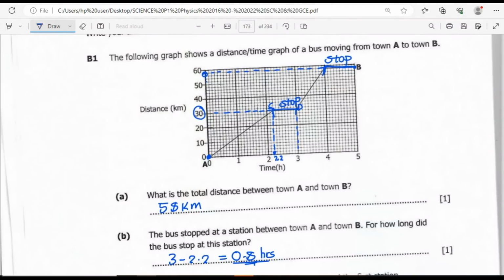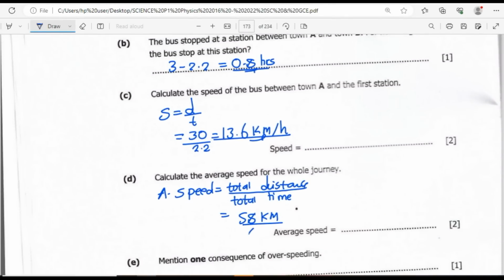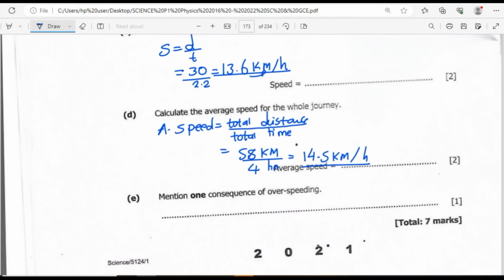The time that was taken for this car to cover a distance of 58 is just 4. So it's 58 divided by 4 hours. So 58 divided by 4, you get 14.5 kilometers per hour.